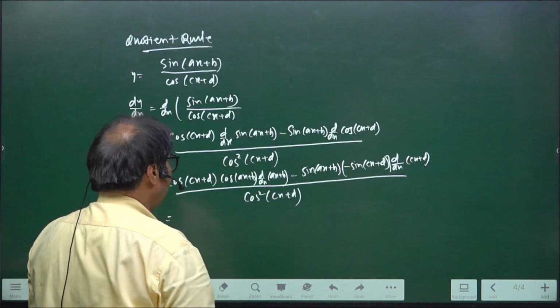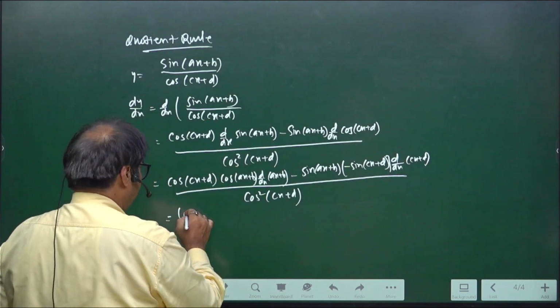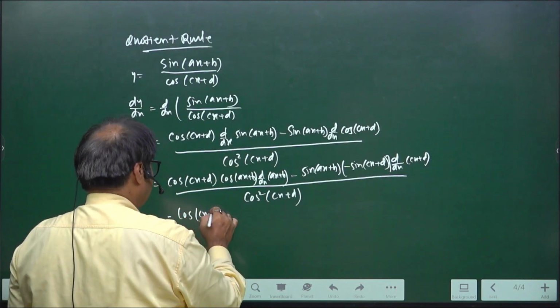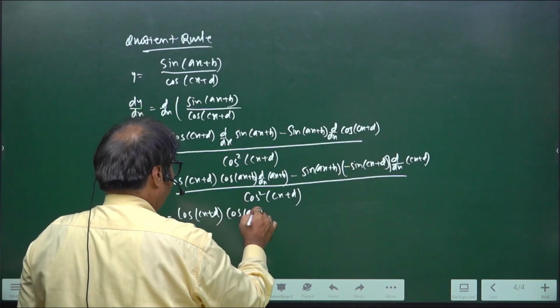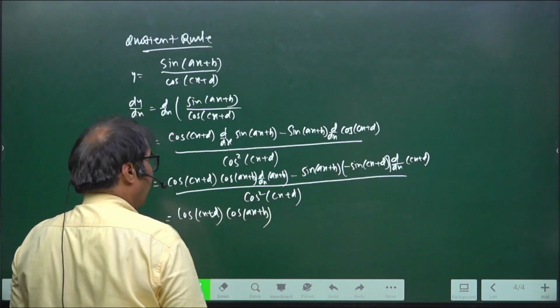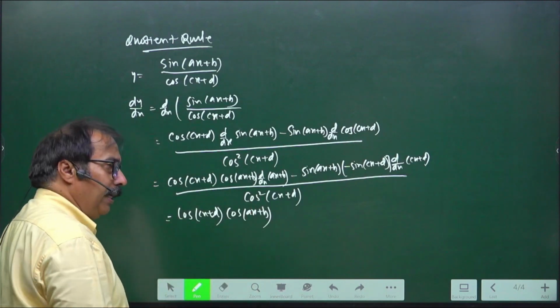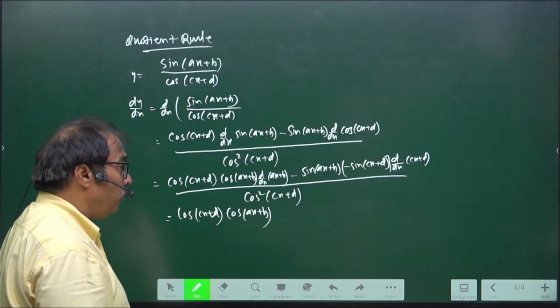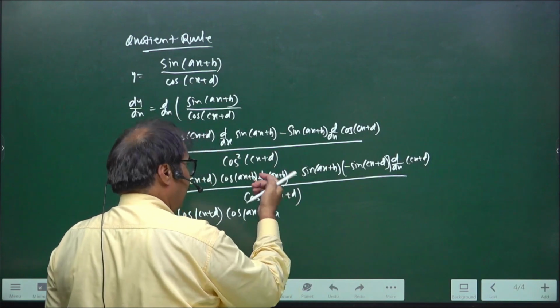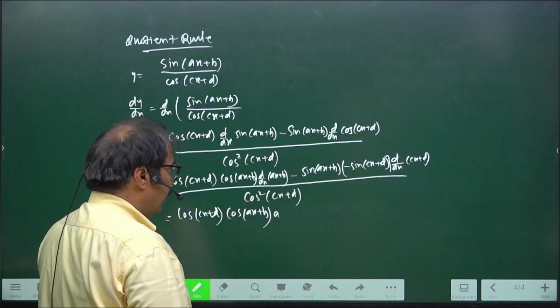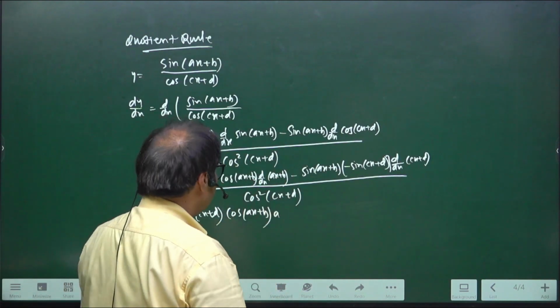So finally this is cos of cx plus d and cos of ax plus b, and the derivative of ax will be a into 1, a into 1 means a, and the derivative of b is constant, so it will be plus 0, no need to write.